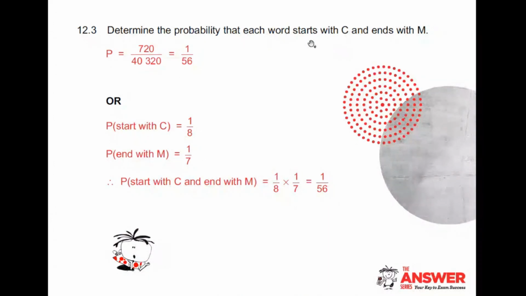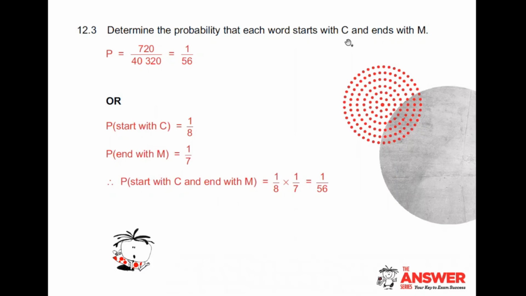So what's the probability that a word starts with C? It's 1 over 8. What is the probability that a word ends with M? Well, how many M's are in the word, bearing in mind that the C is gone already? There's 1 M in the word. How many letters are in the word, bearing in mind that the C has gone?